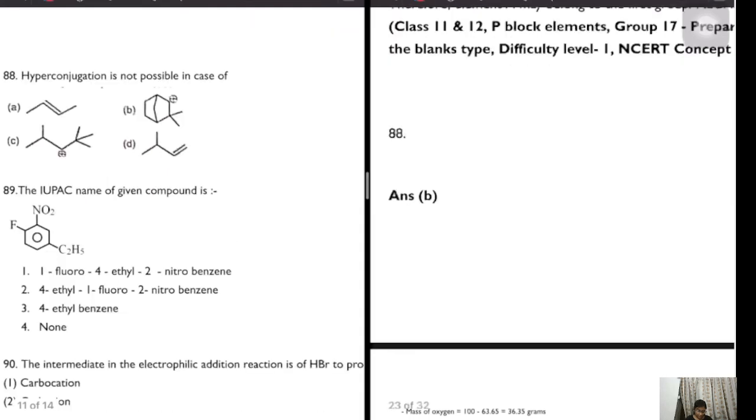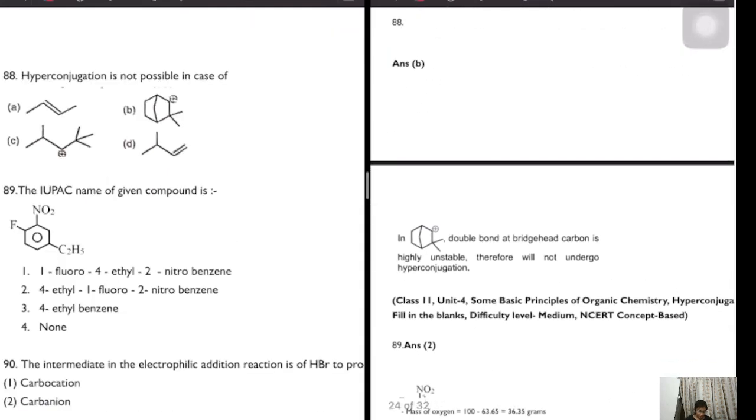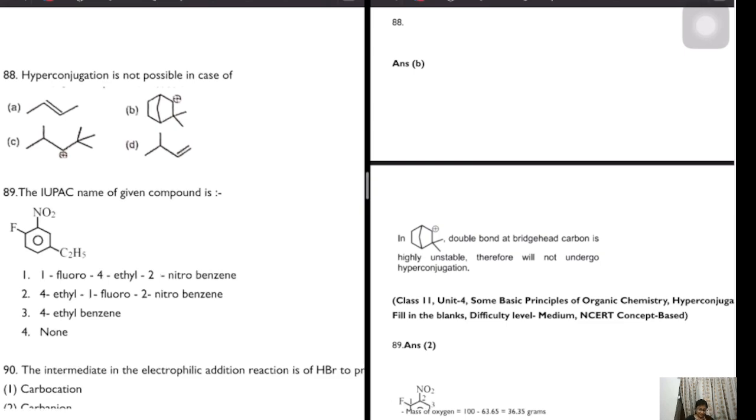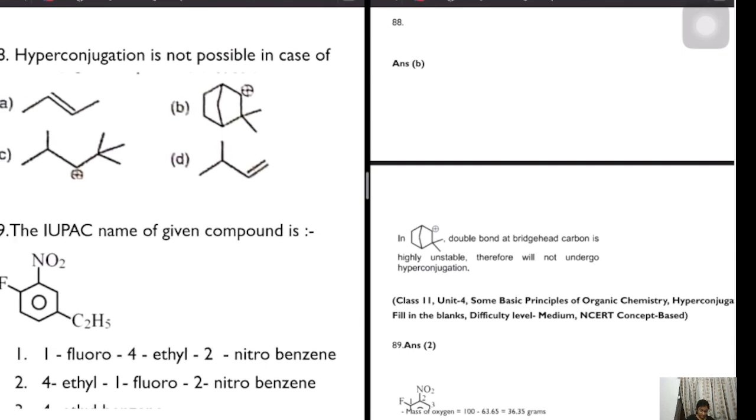Now in the next question, hyperconjugation is not possible in the case of. See, in this mainly hyperconjugation is not possible. Why? Because it is at the bridgehead. It is near the bridgehead.